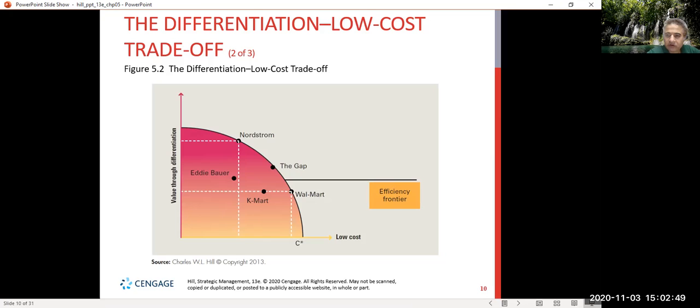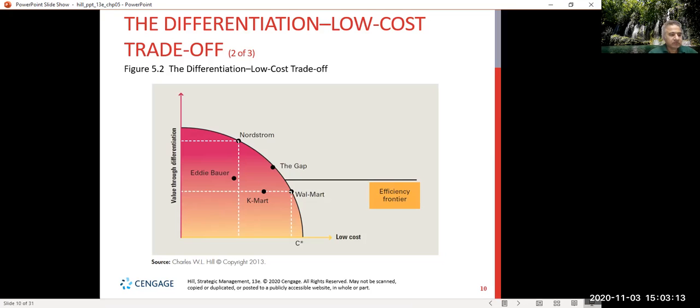Same for Nordstrom. Nordstrom is a specialty store, high-end store. If they want to increase the differentiation, that will lead to an increase of the cost. And if they want to decrease the cost, that will lead to a decrease of differentiation. This is an optimal combination for Walmart and for Nordstrom.